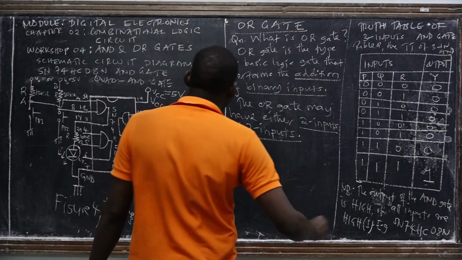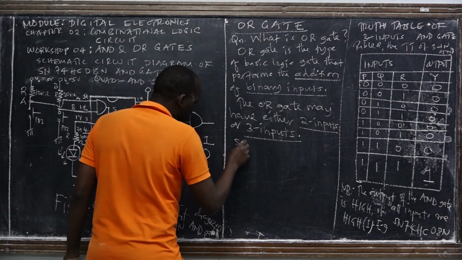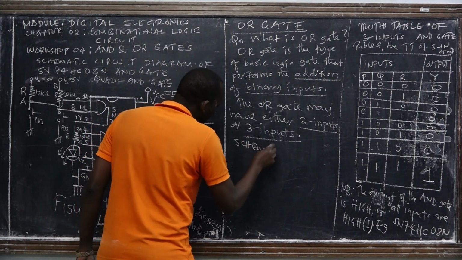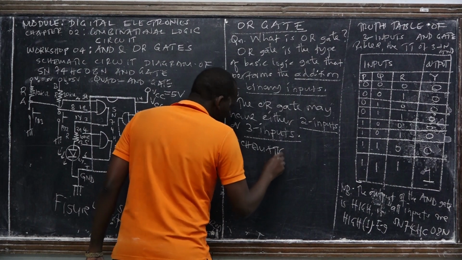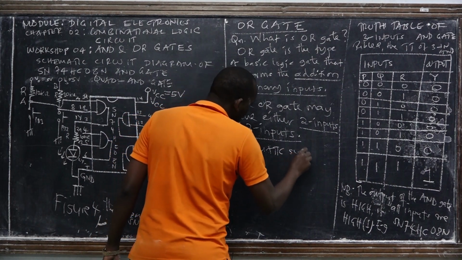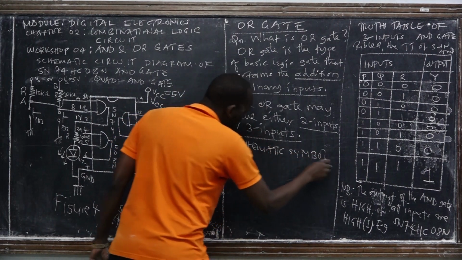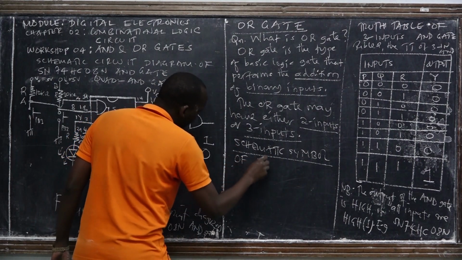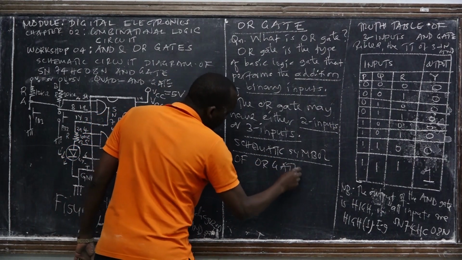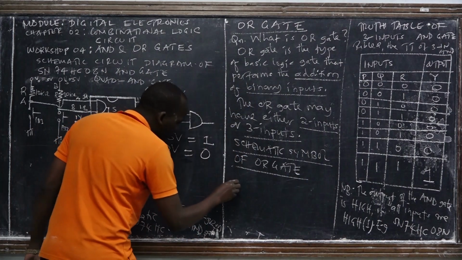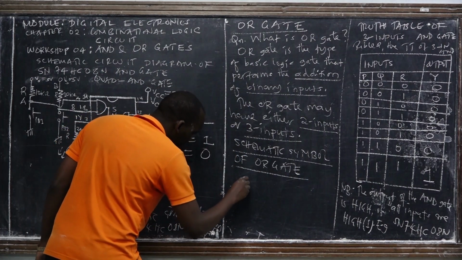Then the next concept that you have to understand as engineers is the schematic symbol of the OR gate. The schematic symbol depends on the number of inputs.